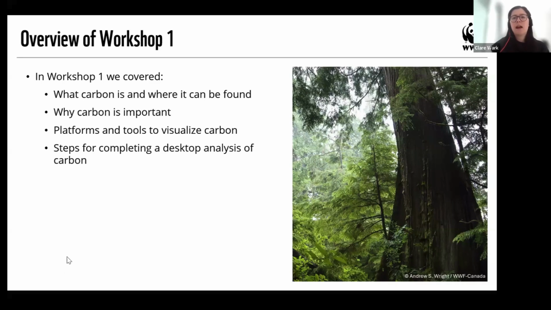And then we spent the second half of that workshop looking at ways to complete a basic desktop analysis of carbon using ArcGIS, as well as Google Earth Engine, an application that was created. So if you missed out on that workshop and you want all the details, you can expect to see it on our learning library in the next week or so. And if you weren't registered and you want the slides, you can also reach out and we can get those to you.